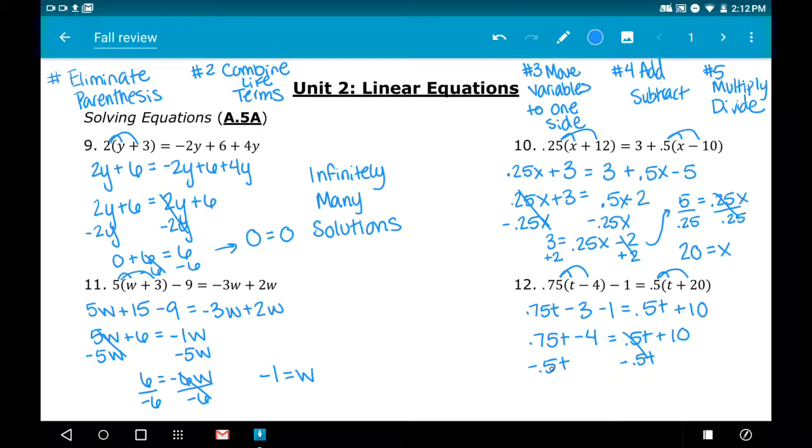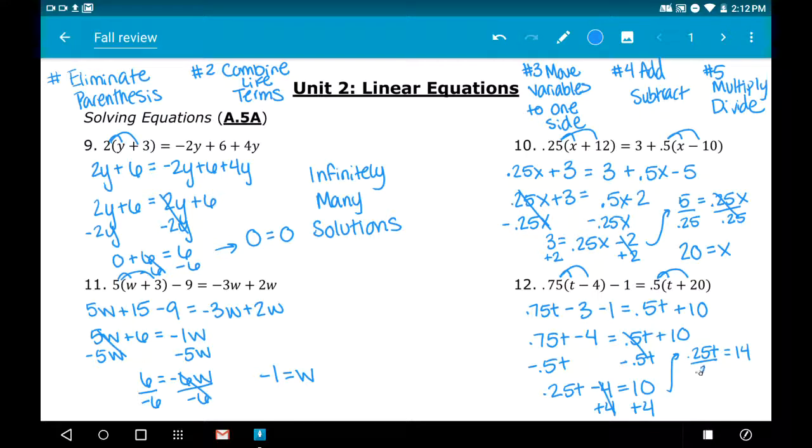So 0.75 minus 0.5 is 0.25t minus 4 equals 10. Fourth step is add or subtract. So I'm going to add this 4 to both sides. So this will become 0.25t equals 14.